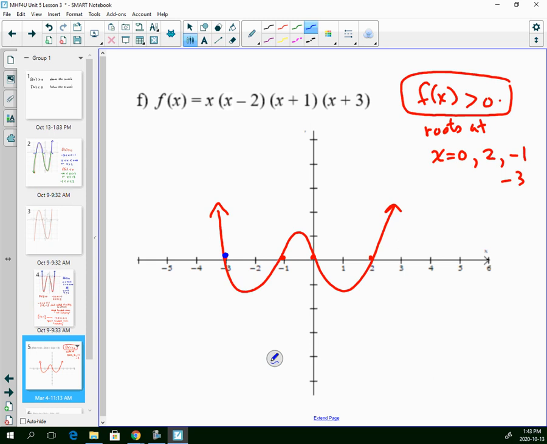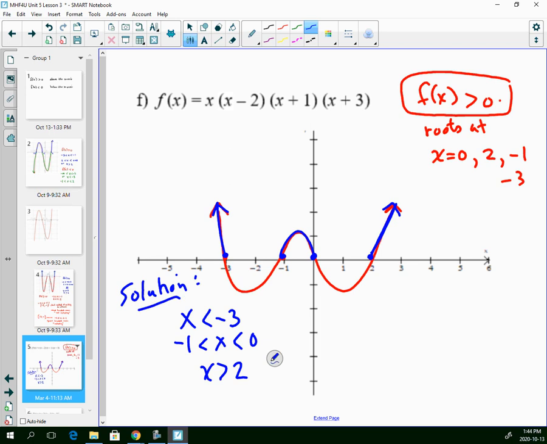I know it's above 0 here, so when x is less than -3, between -1 and 0, and again here when it's greater than 2. Just by knowing those properties of the polynomial, knowing that it's an even degree, the ends will both go up, and knowing where the roots are, I can draw a quick sketch and answer the question.